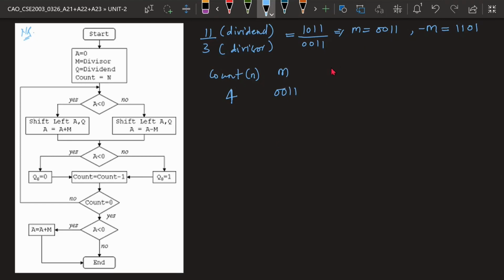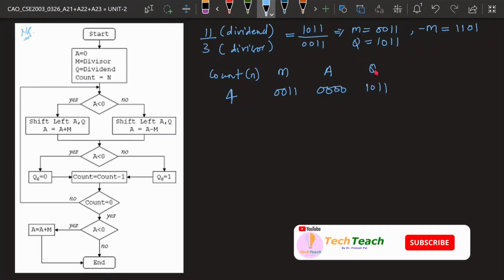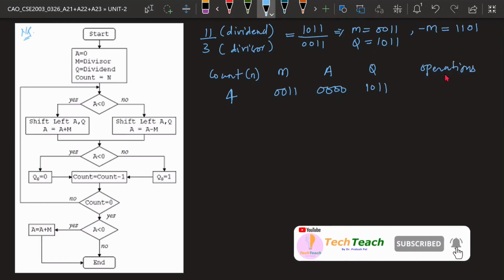Then we check the A value, the accumulator. The accumulator is initially 0000. Then the Q value is the dividend, so Q is 1011. And now we will write the operations we will be performing.